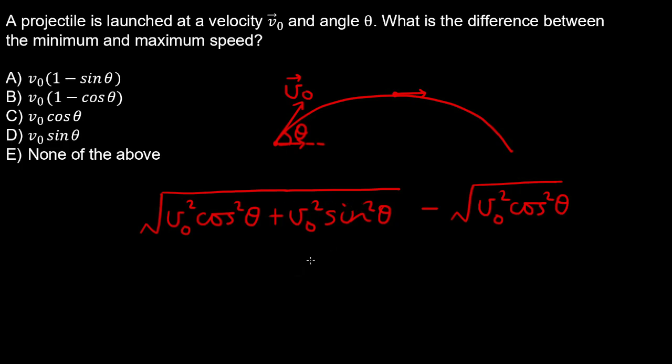So using our trig identity, we end up with v0 minus v0 cosine theta, and therefore the difference between the two speeds is v0 by 1 minus cosine theta. So the correct answer is B.